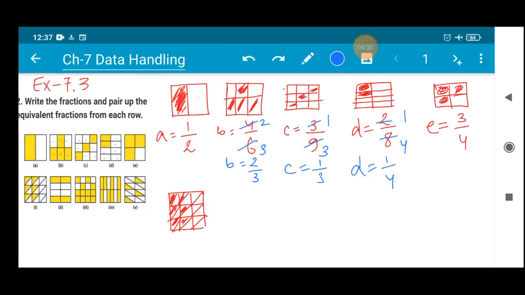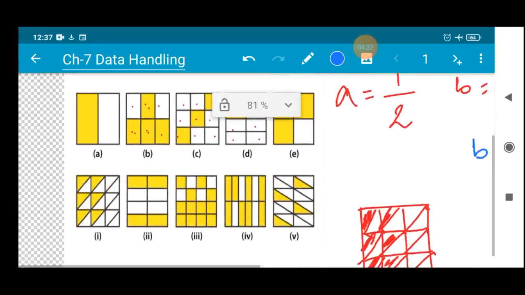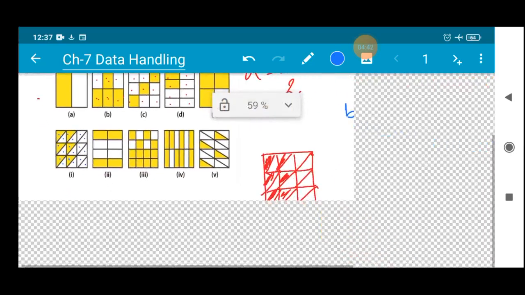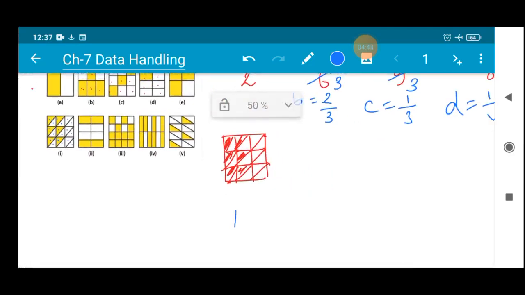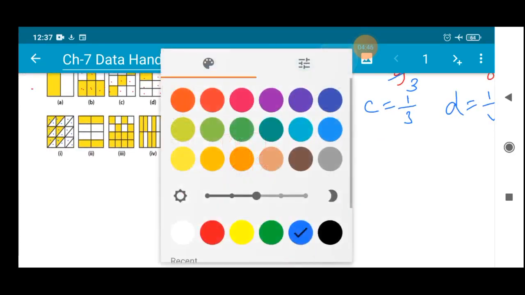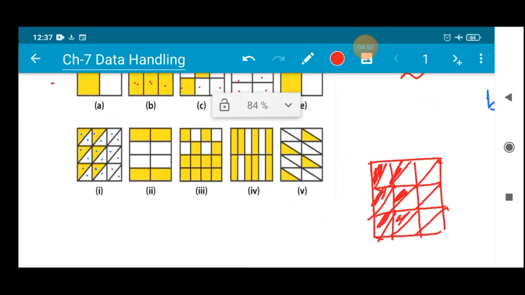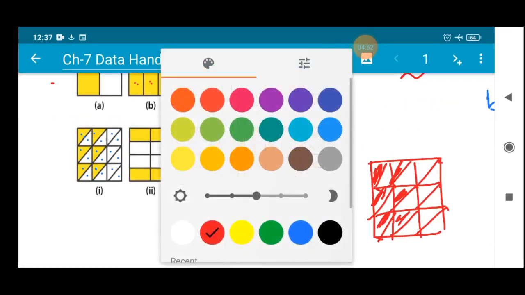Inside this figure there are 2 parts. Just see, 1 2 3 4 5 6 7 8 9 10 11 12 13 14 15 16 17 18. Total 18 parts are there. Do not get confused with this. Out of that 18 parts, how many parts are colored or shaded?